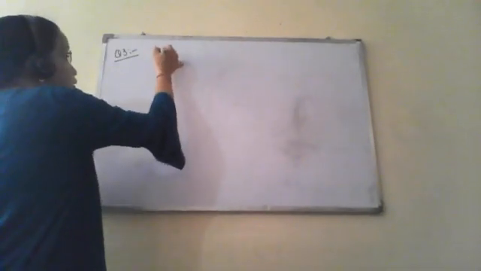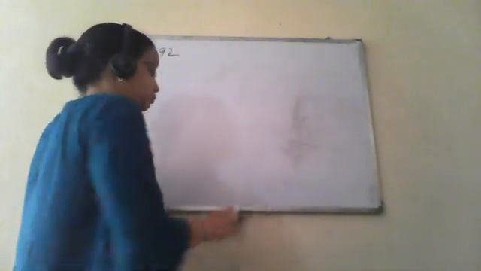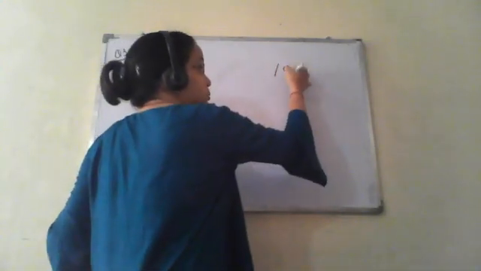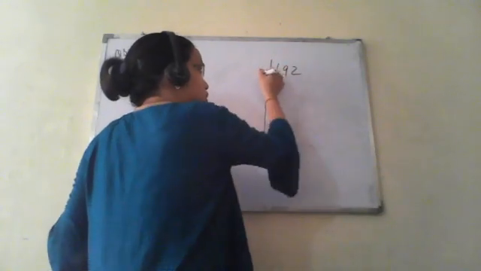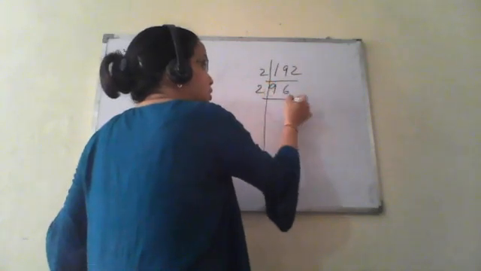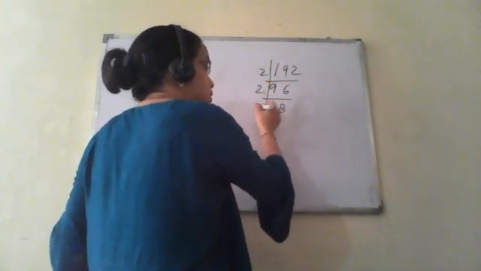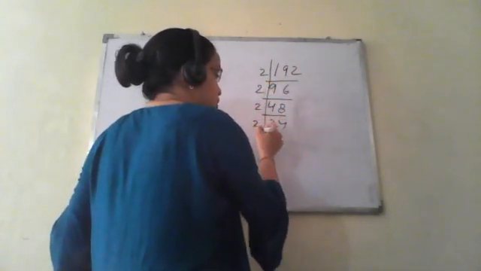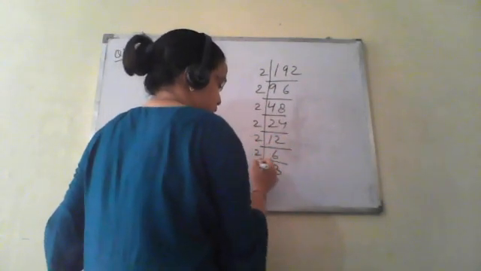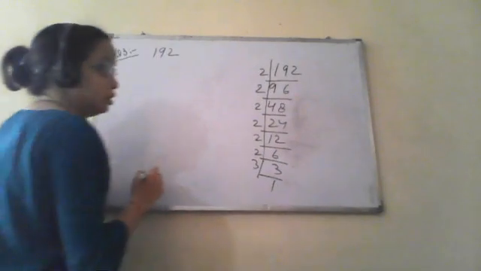Next part is 192. We do the prime factors of 192. This is 96, 48, 24, 12, 6, and 3 and 1.